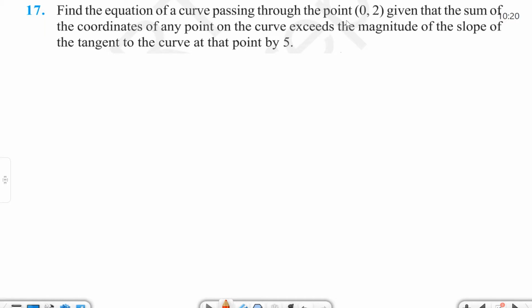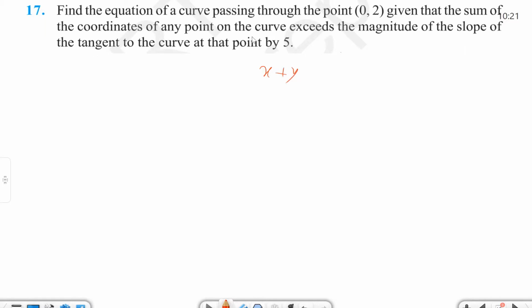Okay, so to find the equation of the curve passing through the point (0, 2), given that the sum of the coordinates of any point on the curve exceeds the magnitude of the slope, slope meaning dy dx, of the tangent.